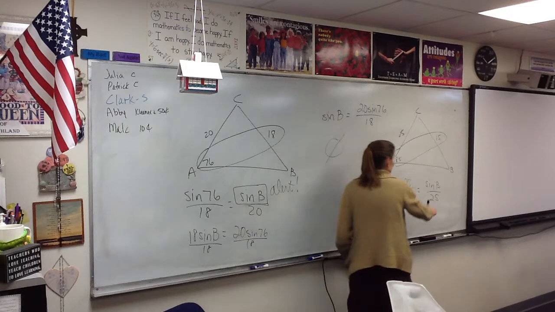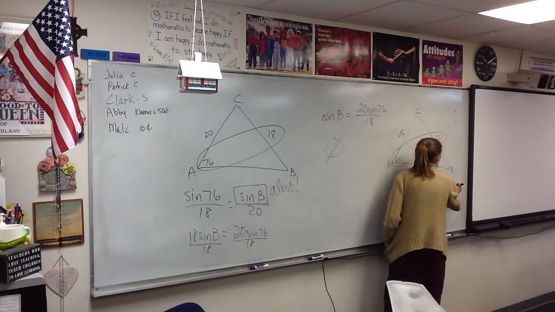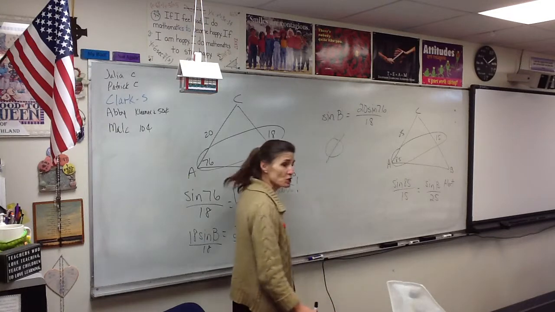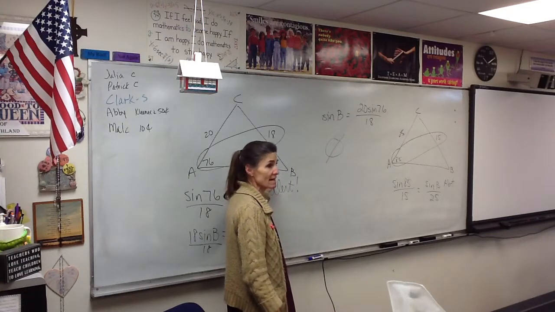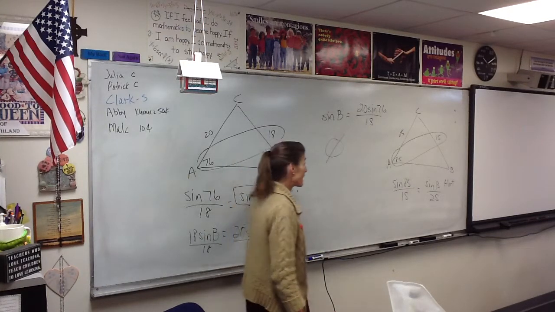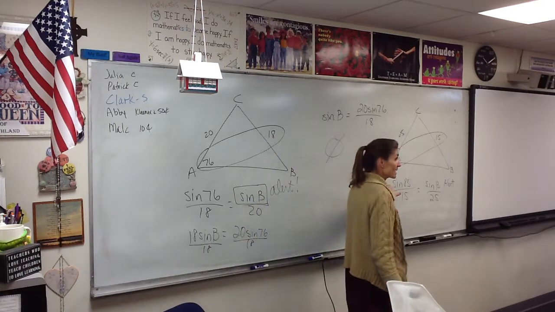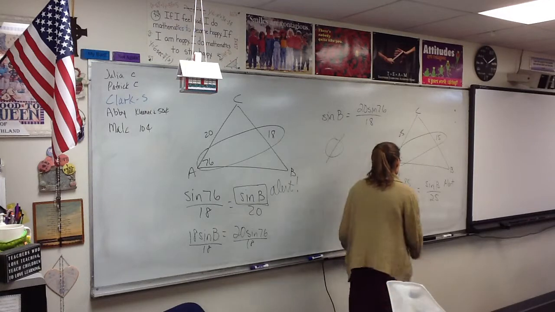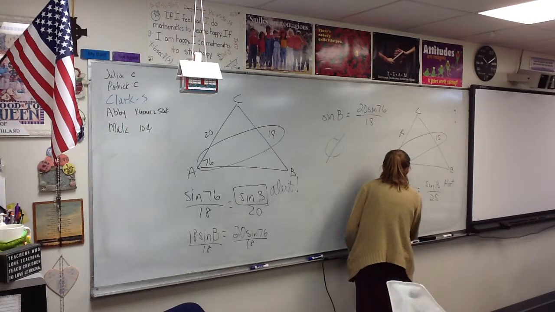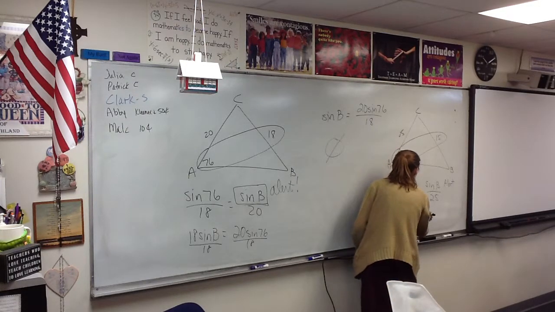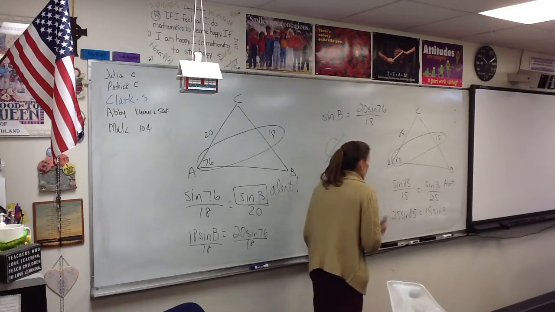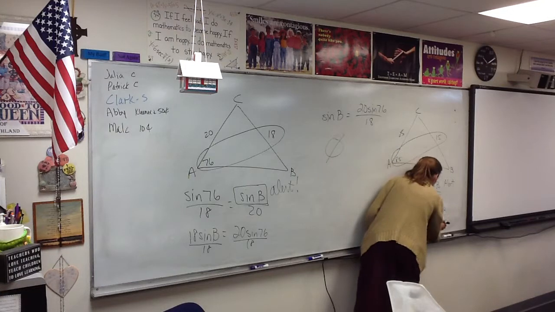Now, look where that variable is. This puts me on alert. I'm going to have to check for 2 answers. Now, I didn't check for 2 answers over here because there weren't any answers. But if I get an answer, I'm going to have to check for a second answer. We did that yesterday. We'll do it again today. Here we go. 25 sine 85 equals 15 sine B. Now, when you divide, you only divide by 15.